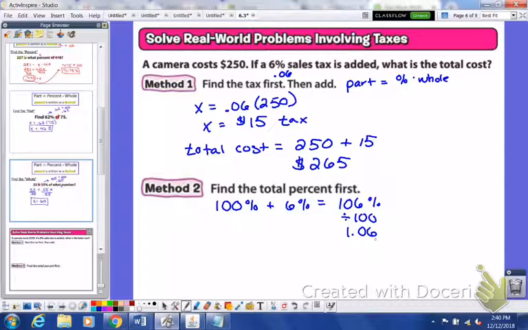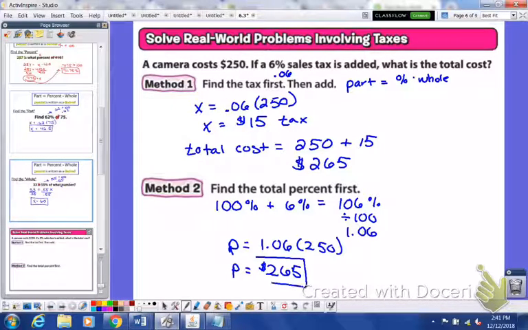So we still want to think about looking for that part. So part equals our percent, which in this case is 1.06, times our cost. So 1.06 times 250 still gives us 265. I'm talking about money, so $265.